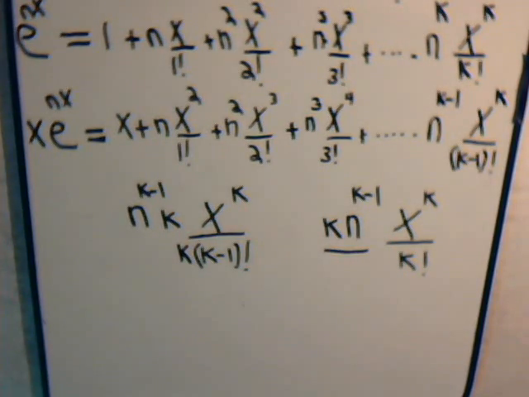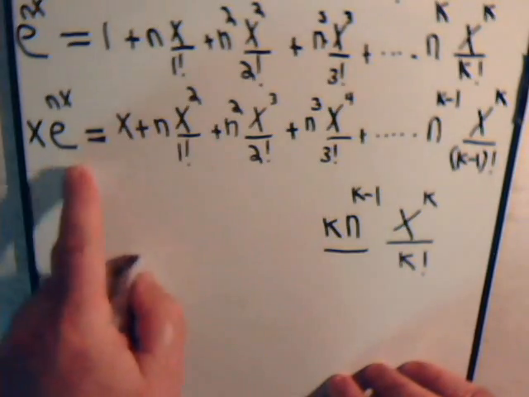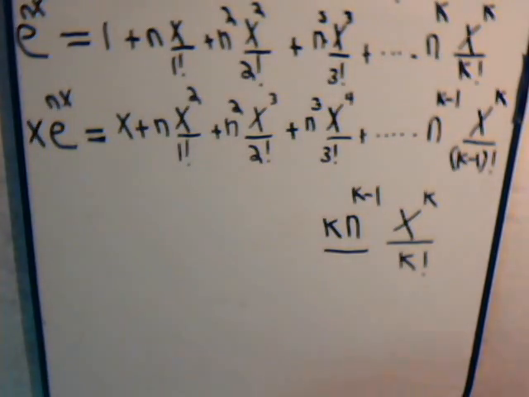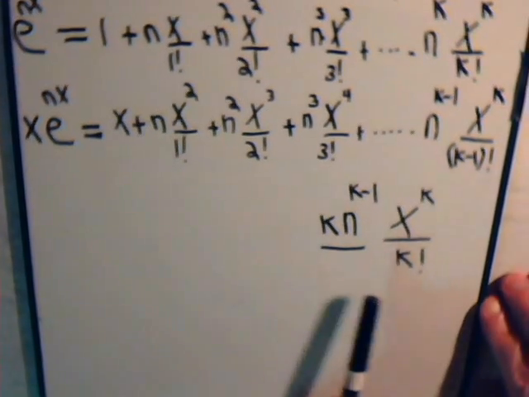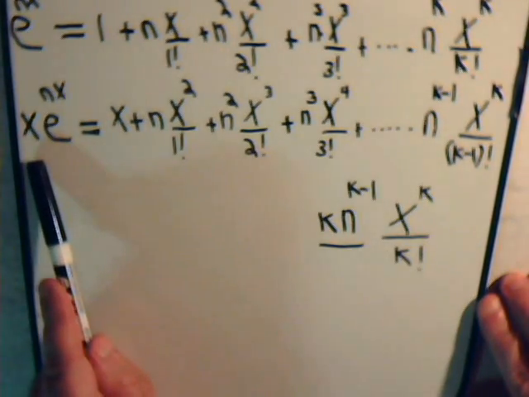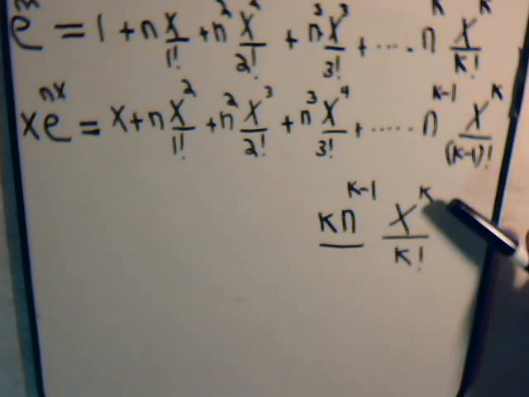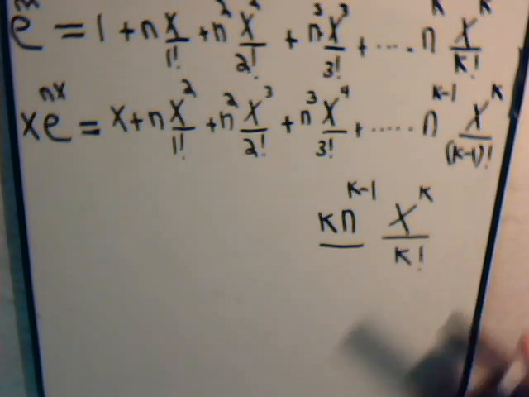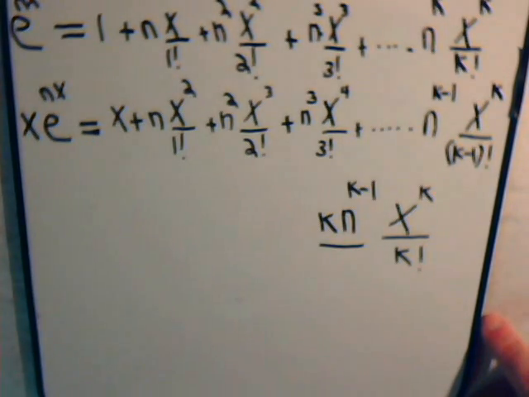So if we have a generating function and maybe part of it involves this term, and we want to know what is going to be the coefficient of x to the k divided by k factorial? We know what n is, we know what k is, so in this situation, x times e to the nx, the coefficient of x to the k divided by k factorial is just k times n to the k minus 1.